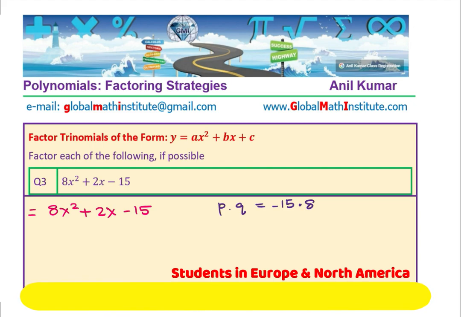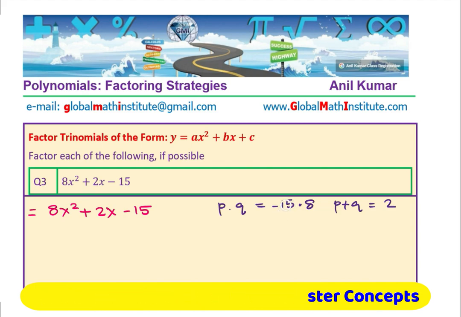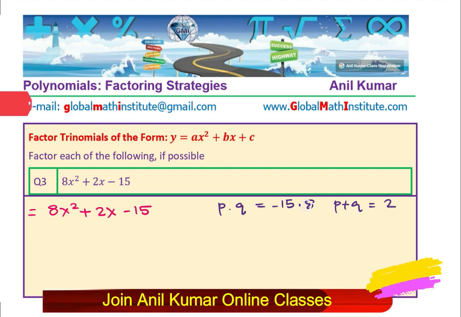Important thing is we want the sum p plus q as 2, and that too positive, right? And product is negative. That means the two numbers are very close. Bigger number is positive. So something which is like a square root could be good for us, right? So 16 square root is 4, and this is kind of between 2 and 3.